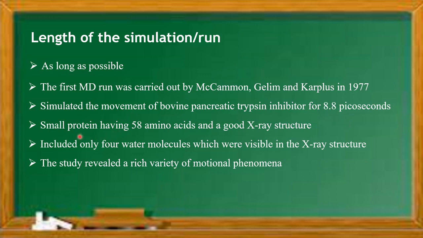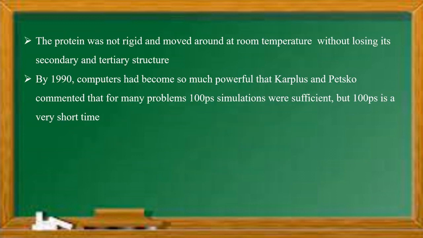They selected this protein because it was a small protein having 58 amino acids and a good X-ray structure was available. They included only 4 water molecules which were visible in the X-ray structure. The study revealed a rich variety of motional phenomena, and the protein was not rigid, and it was stable without losing its secondary and tertiary structure. That was what they concluded at that time.